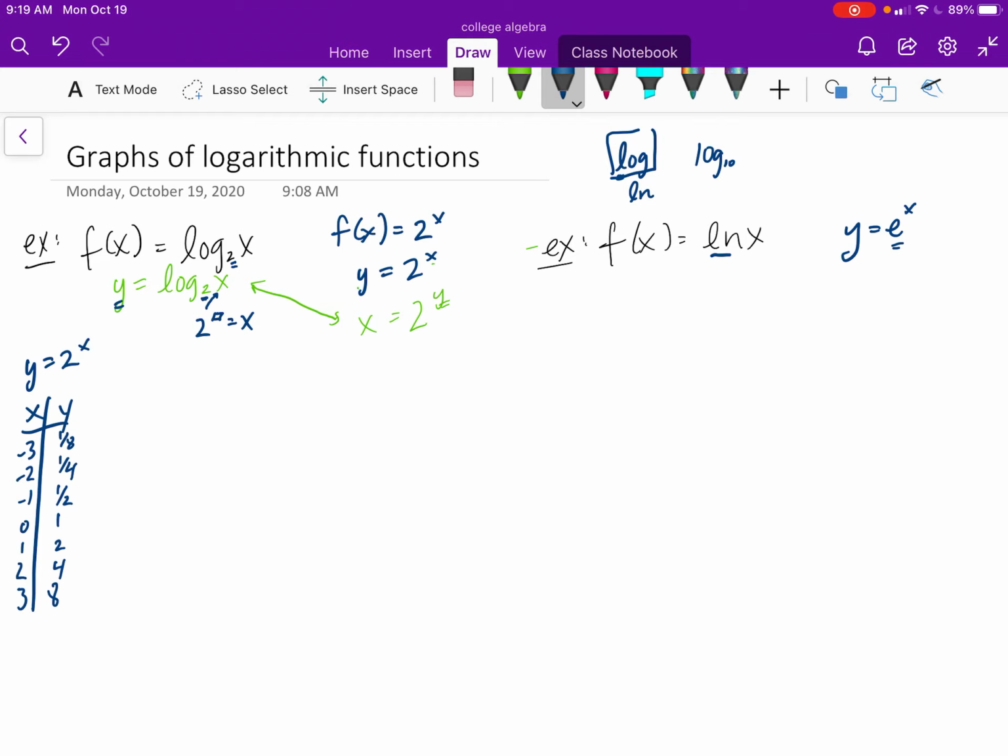So log base 2 of x, let's change colors. If I do the inverse, f inverse, this table then, remember we're changing x and y, so x is 1/8, y is -3. x is 1/4, y is -2, and so forth. x is 1/2, y is -1.